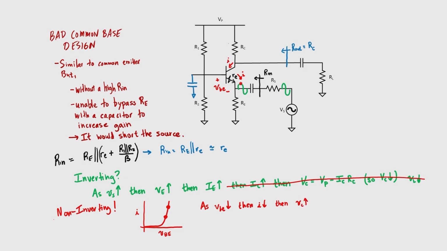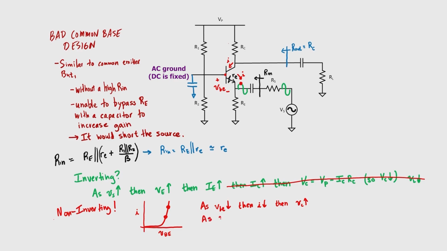Now look back at the input side and tell me, when I rise to a higher level here on my green curve, did the base emitter voltage increase or decrease? Well, since at the base side we have an AC ground, when I rise here, I squeeze the junction a little bit, don't I? The base emitter voltage decreases rather than increases.